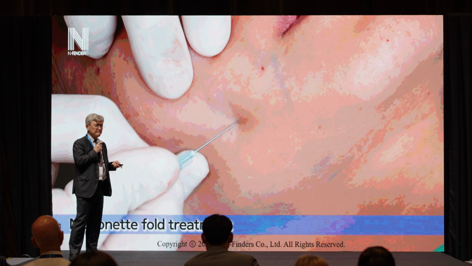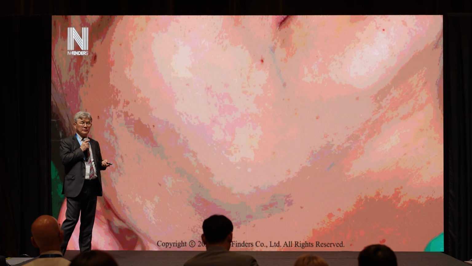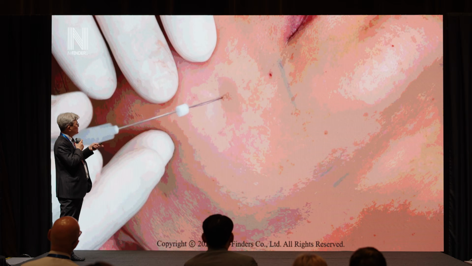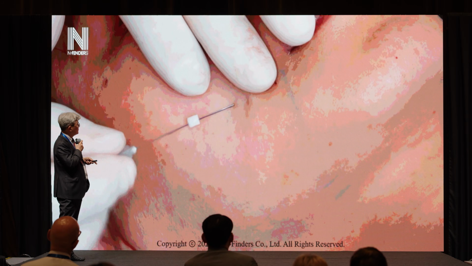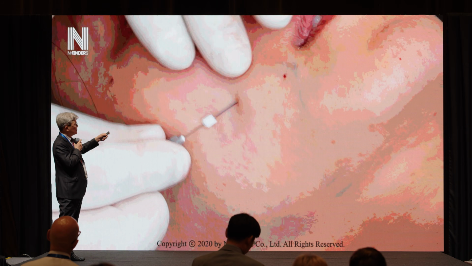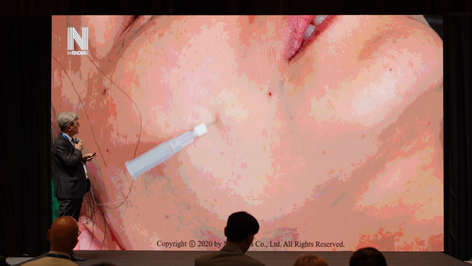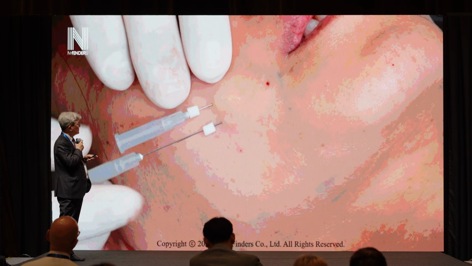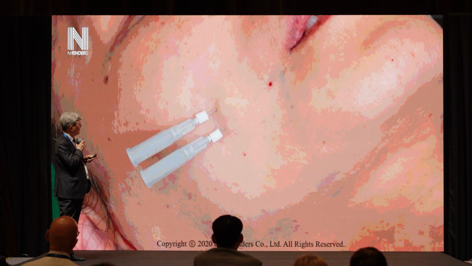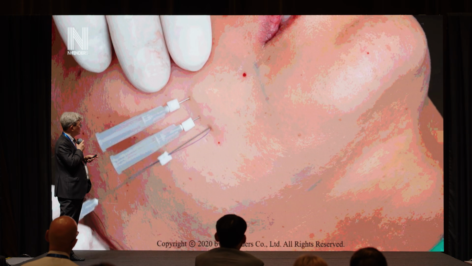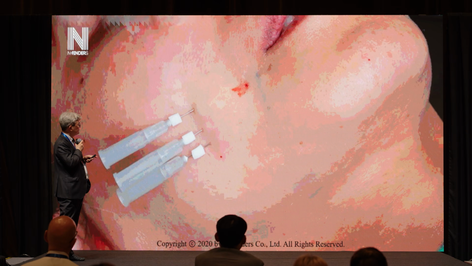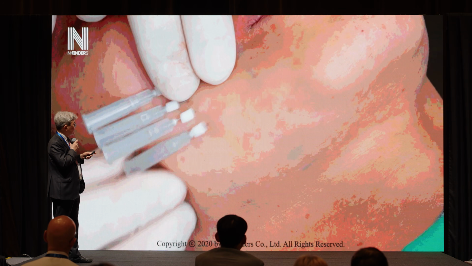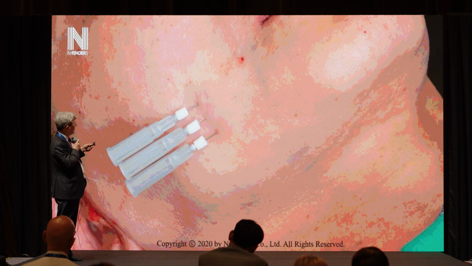This is the stem ladder fan technique, the SF technique. Puncture 4 points. And this is the dermal spring eye. First, second, third, and remove step by step and insert.